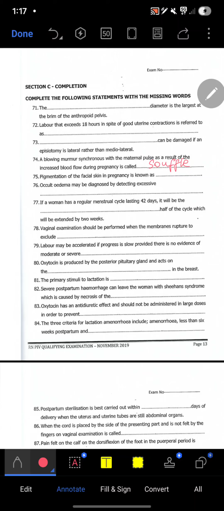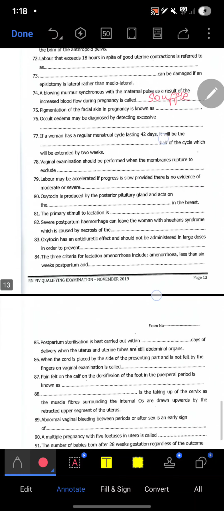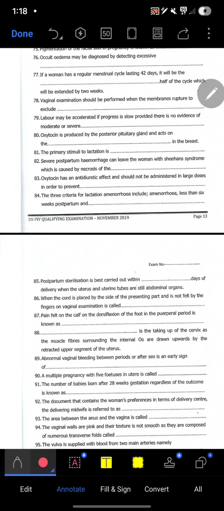79. Labor may be accelerated if progress is slow, provided there is no evidence of moderate or severe. The correct answer is fetal distress or cephalopelvic disproportion. 80. Oxytocin is produced by the posterior pituitary gland and acts on the dash in the breasts.